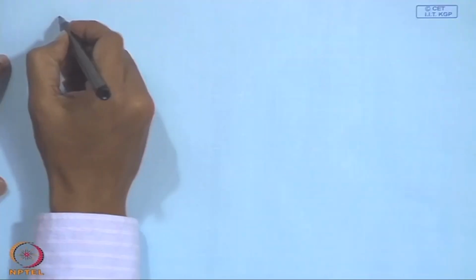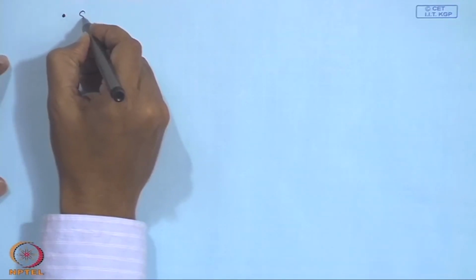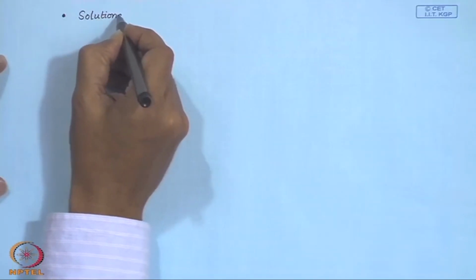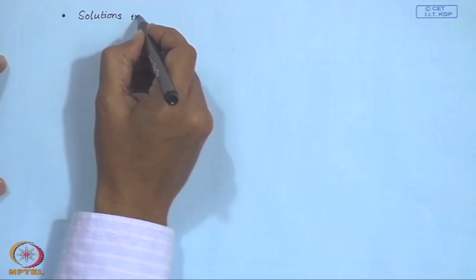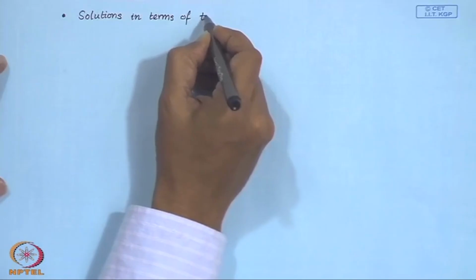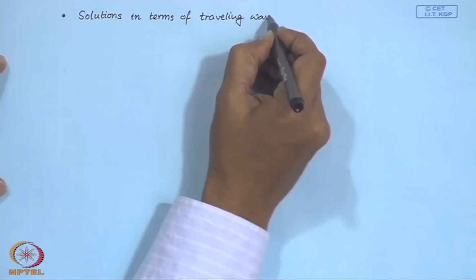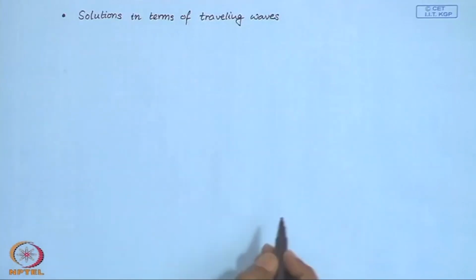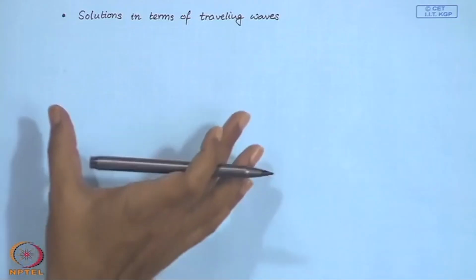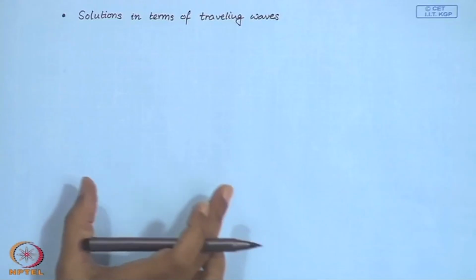So, what we have seen is that in all these examples we can understand the behavior of the system when we look at the solutions in terms of travelling waves.